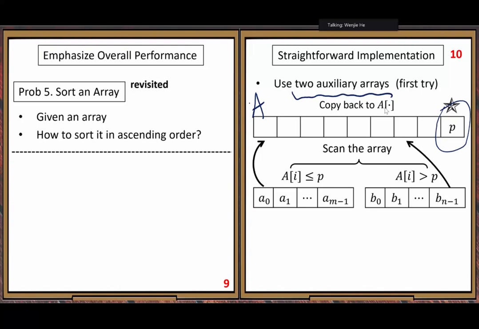So the waiting time will be longer. If you use more than necessary memory, your algorithm will slow down.